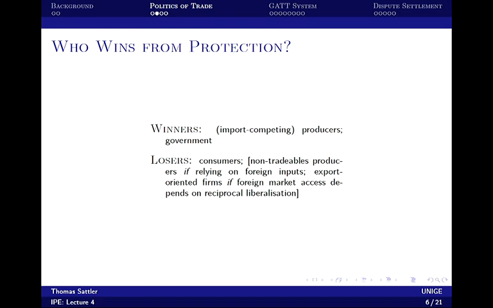Well, consumers. Then we might have non-tradable producers, so the domestic service industry, the construction industry, the public sector. To the extent that they rely on foreign inputs, they lose because these foreign inputs become more expensive. And the export-oriented firms might lose if the other country responds and also imposes a trade barrier, right?